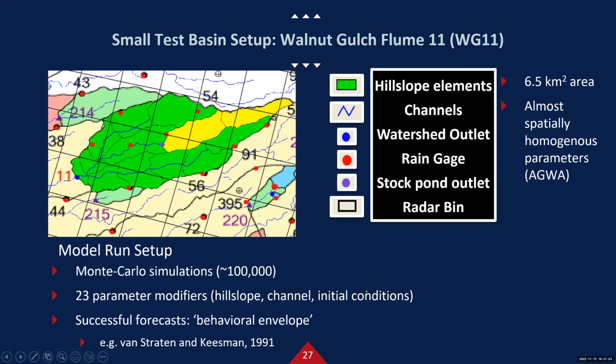The assumption being that the soils and land coverage data will give you some idea about the variability across this watershed, and these multipliers scale those differences up or down. And in the literature, they call successful forecasts those that go into the behavioral envelope. And some, depending on how the Monte Carlo depicts the parameters, are well outside what would be considered a realistic simulation.